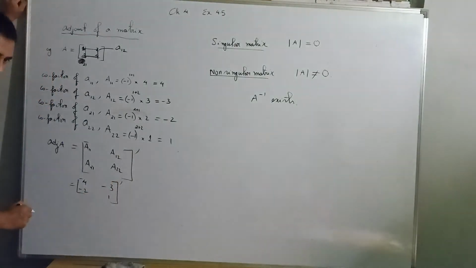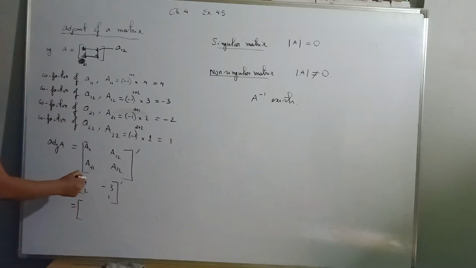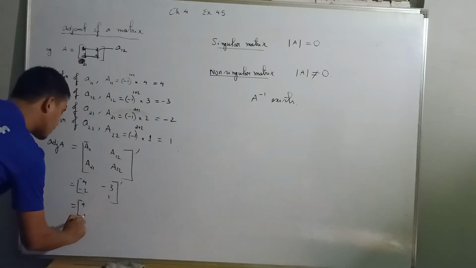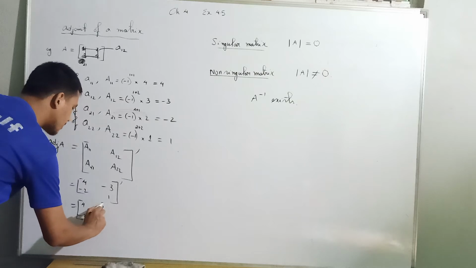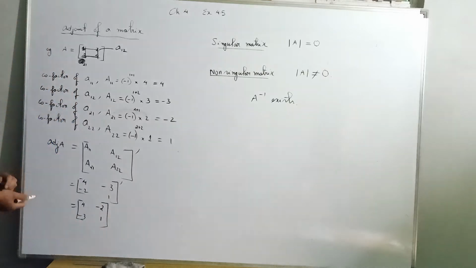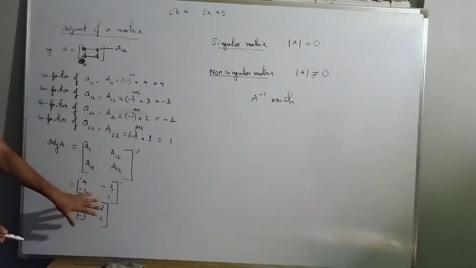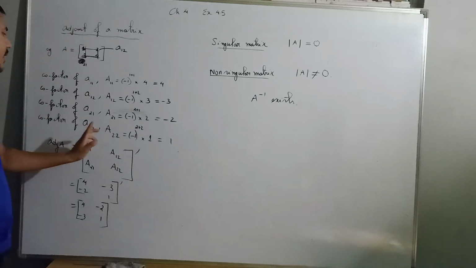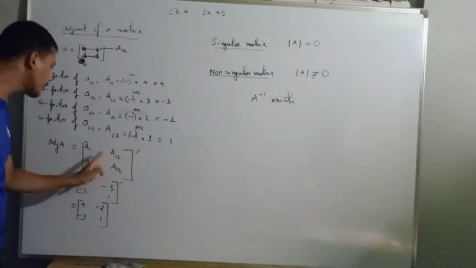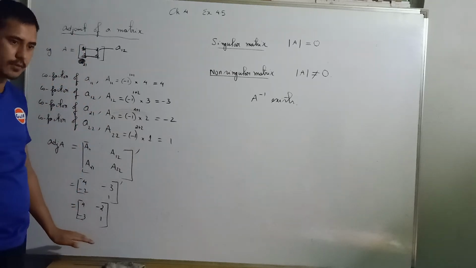Transpose means the first row will become the first column, 4, minus 3, and the second row will become the second column, minus 2, 1. So this is the definition. According to the definition, adjoint of a given matrix is defined as the transpose of the cofactor of the elements of the given matrix. Alright?